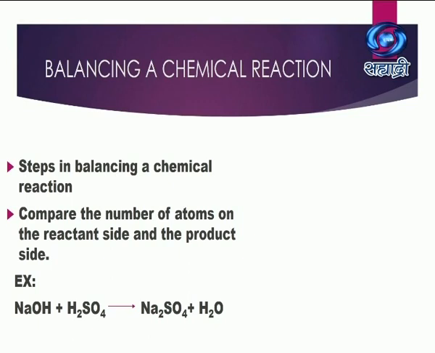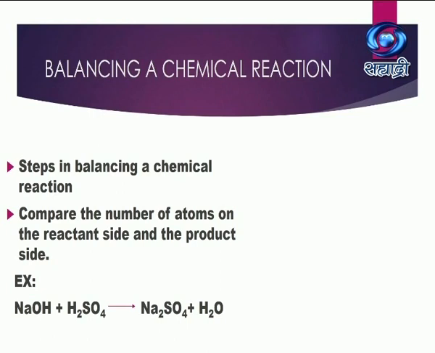That means whatever amount is added as reactants, we should get that much amount of mass in the product side also. So here is an example, NaOH plus H2SO4 gives Na2SO4 plus H2O.